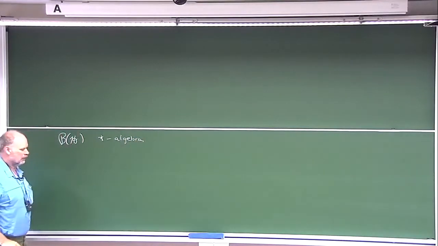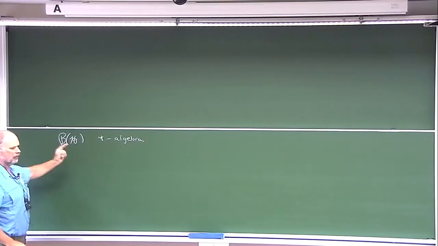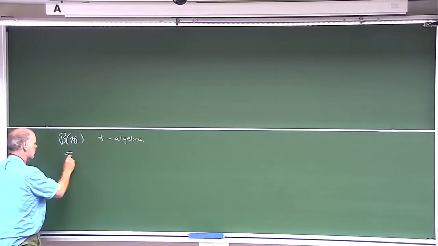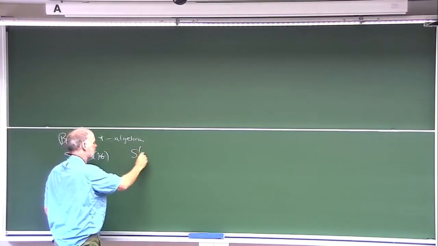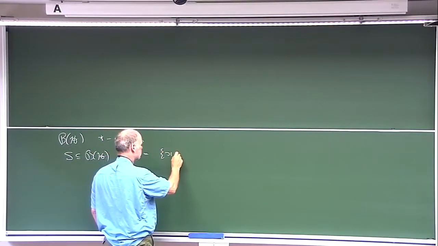We have a Hilbert space, and we're talking about the star algebra of all bounded operators on the Hilbert space. We have this notation: S is a subset of B(H), and S prime is the centralizer, the commutant.